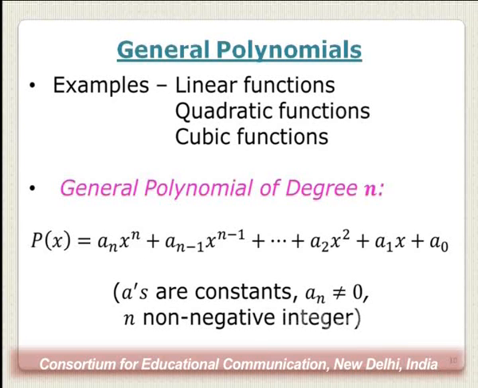So the polynomial is a sub n x to the power n plus a sub n minus 1 x to the power n minus 1, and so on till a2 times x squared plus a1 times x plus a naught. Here all these coefficients, the a's, are constants, and because we are talking of a polynomial of degree n, we'll assume that this coefficient, also known as the leading coefficient, a sub n, is not equal to 0.